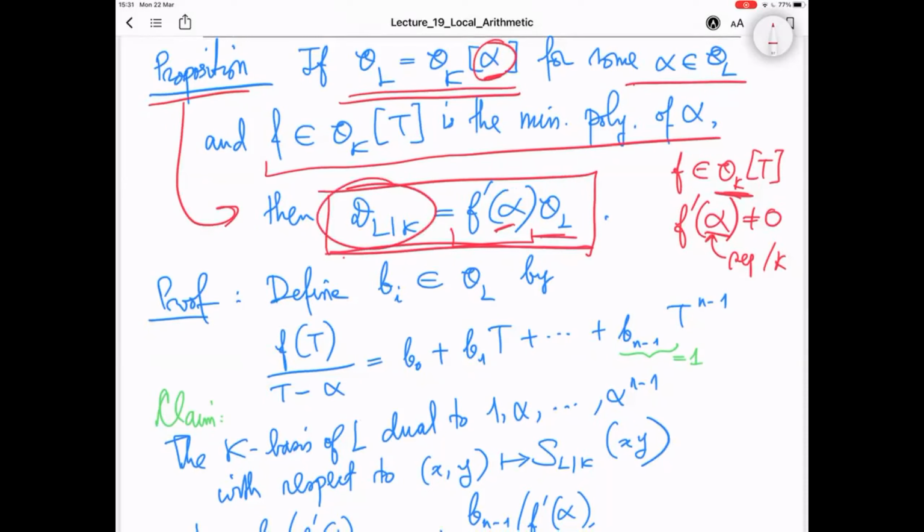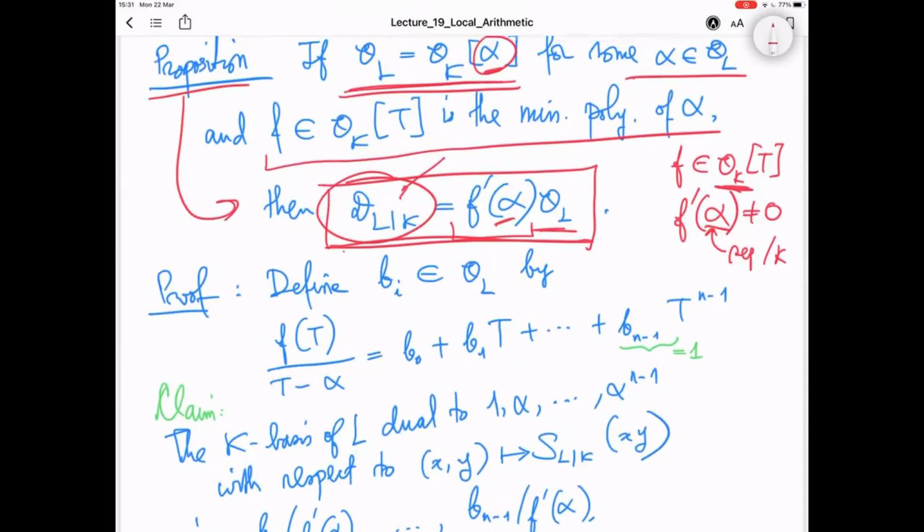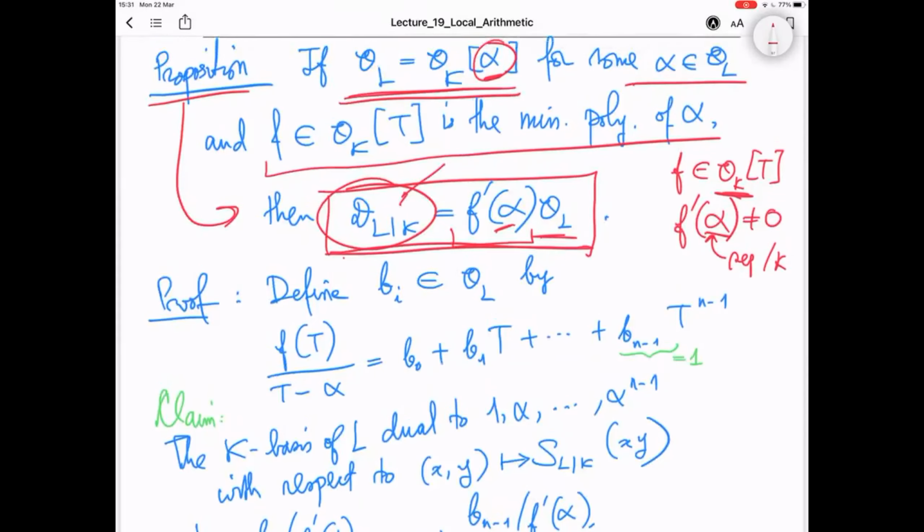It's saying that the different is generated as an ideal by f prime of alpha for any alpha such that O L is O K adjoin alpha and f is the minimal polynomial of that alpha. Okay, let's go to the proof.